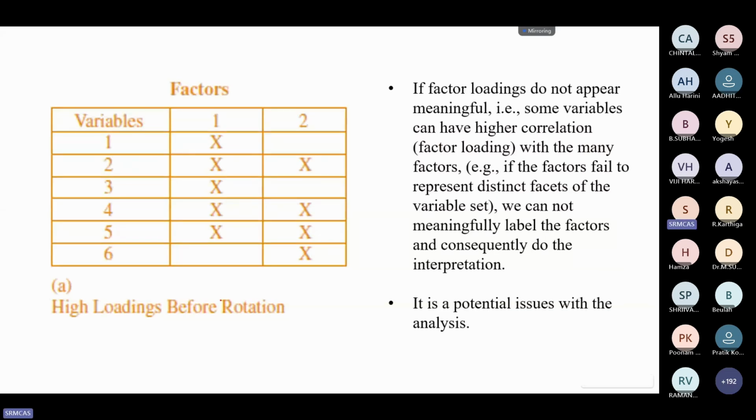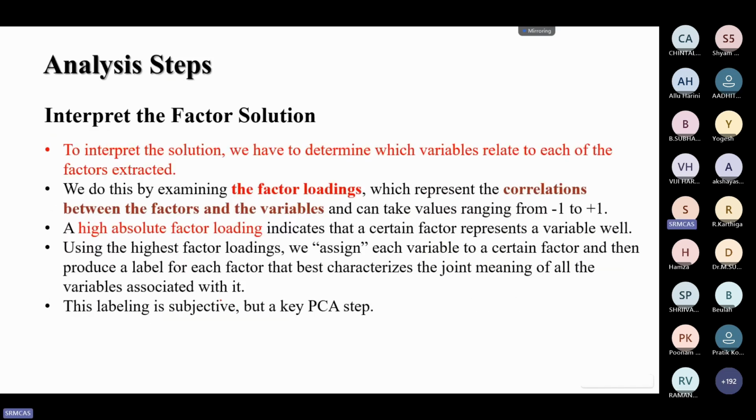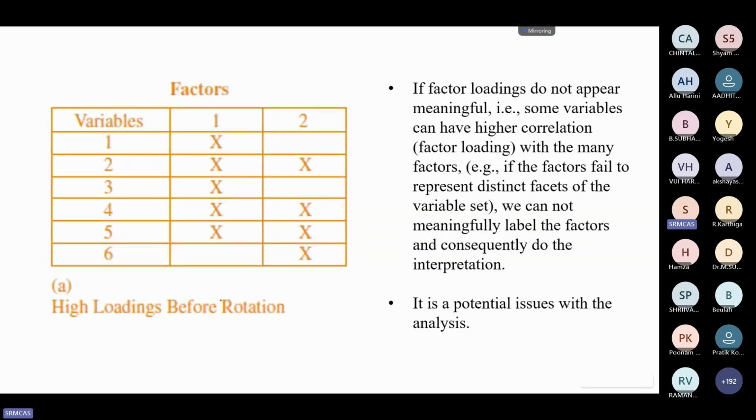But we have some problems in interpreting the solutions. Let's see here. Suppose we have two factors, and these are all the variables and the values of the factor loadings. Here, see, variable 2 has a high factor loading for both factor 1 and factor 2. Variable 4 is also like that.